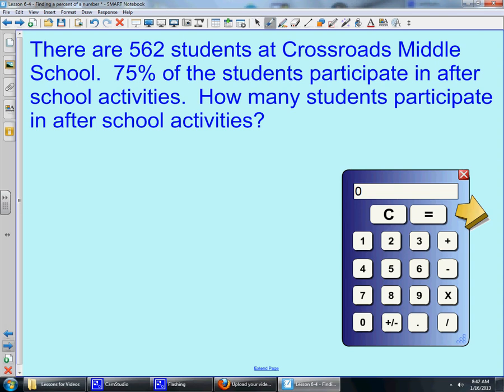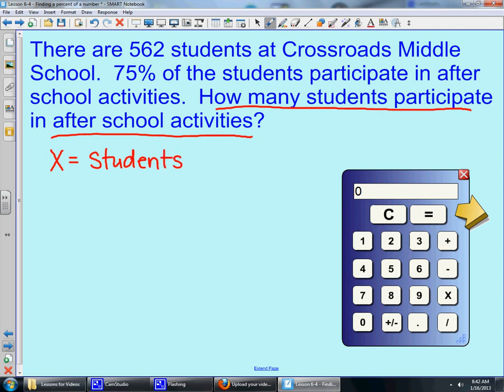How many students participate in after-school activities? So that's going to be the variable. X is equal to students in after-school activities.